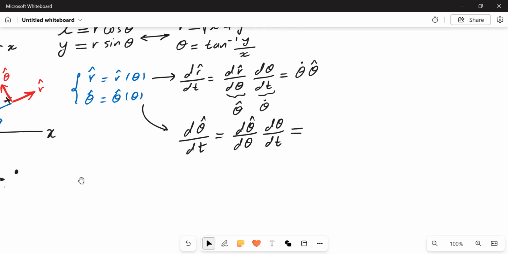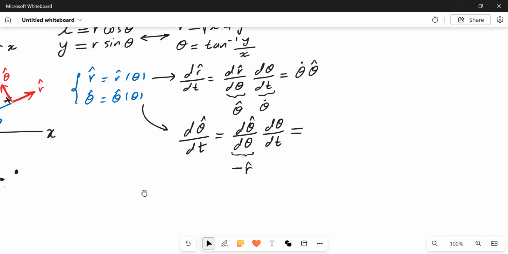Now again, it can be shown that the rate at which the polar unit vector changes with angle gives me minus r hat. Okay, as I said, I'll show these in another video. So for now, accept this, that r hat changes with theta at the rate of theta hat, and theta hat changes with theta at the rate of minus r hat.